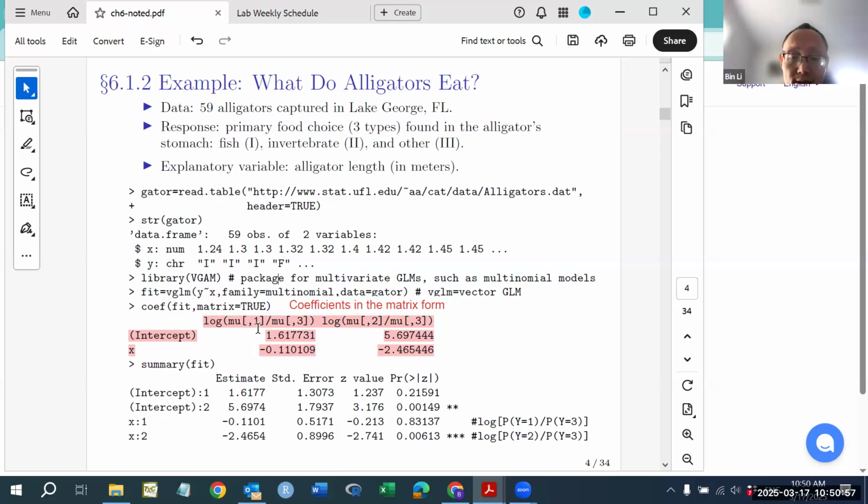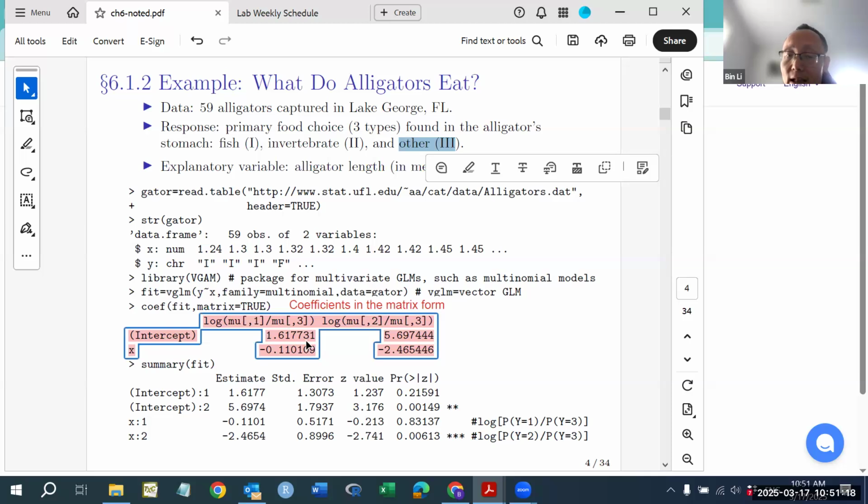So you can see the model for the log odds between fish and others, because fish is category 1 and type 3 is others, has an intercept of 1.6, and the slope is, I'm sorry, negative 0.11.